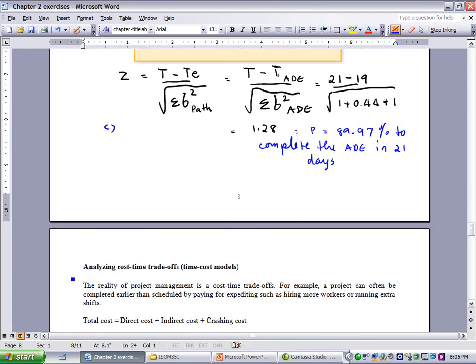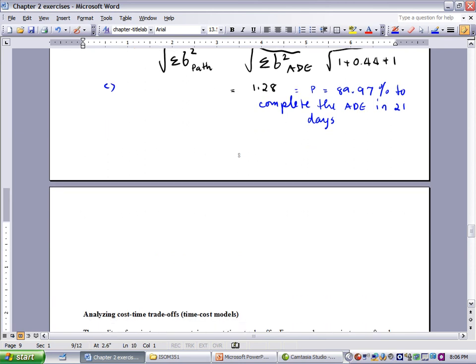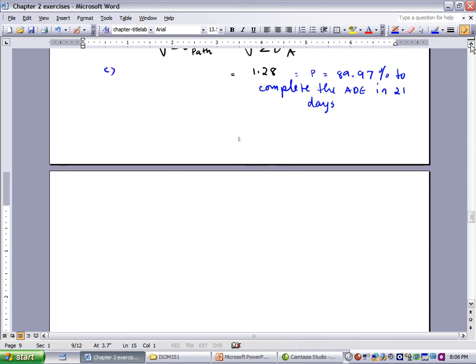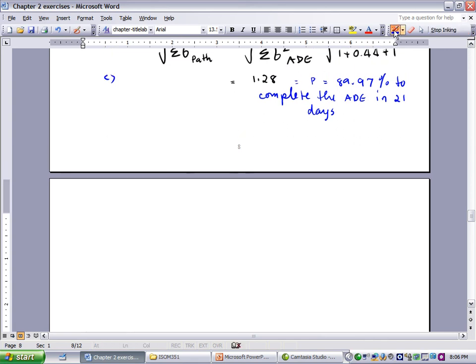For the D part, we're going to test Z equals T minus T of ADE divided by the square root of the sum of sigma squared of ADE.